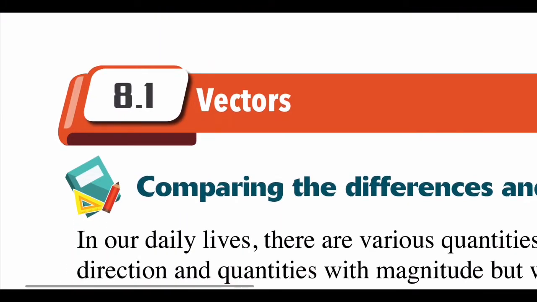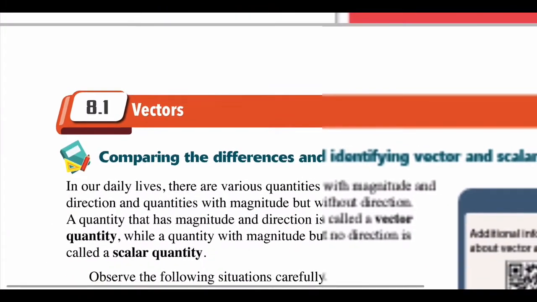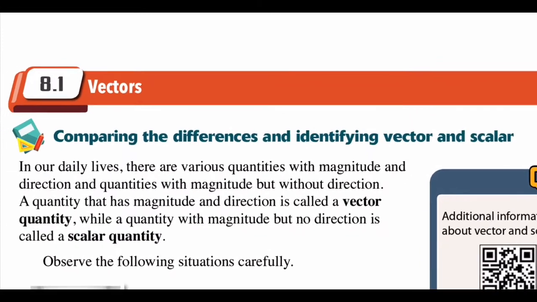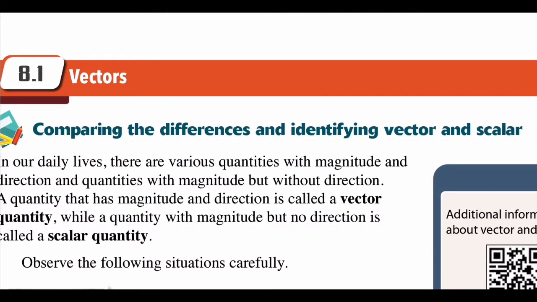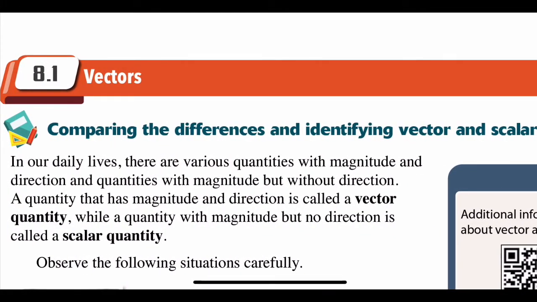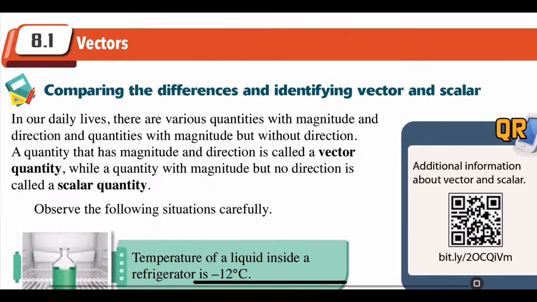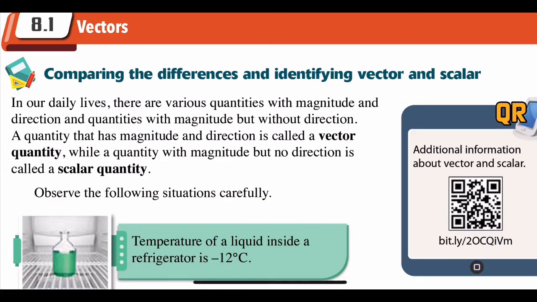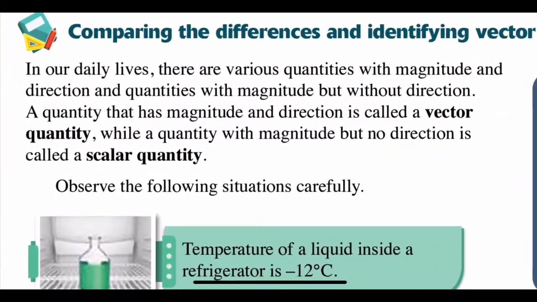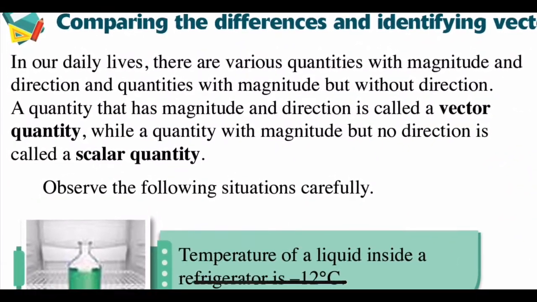And then we will start the vectors by comparing the differences and identifying vector quantity and scalar quantity. In our daily life, there are various quantities with magnitude and direction, and quantities with magnitude but without direction.